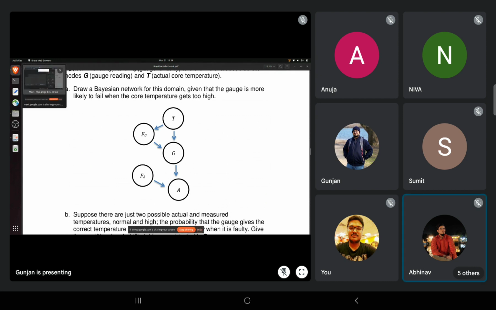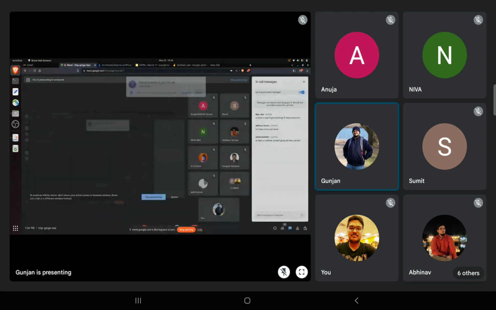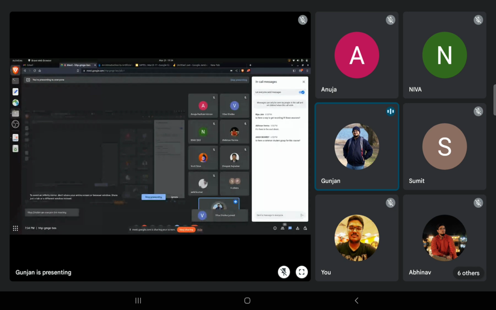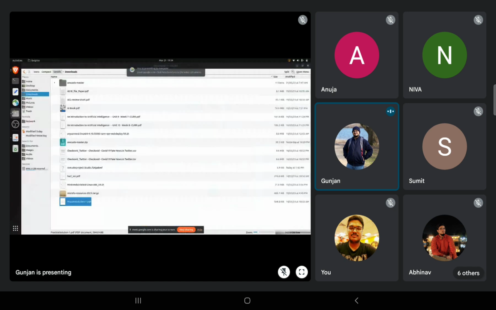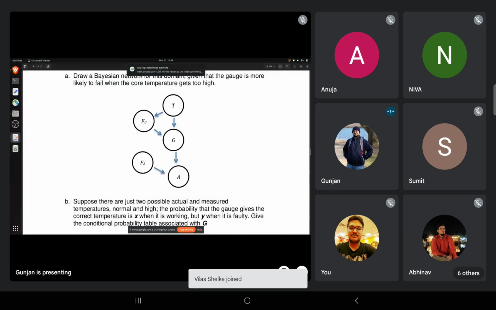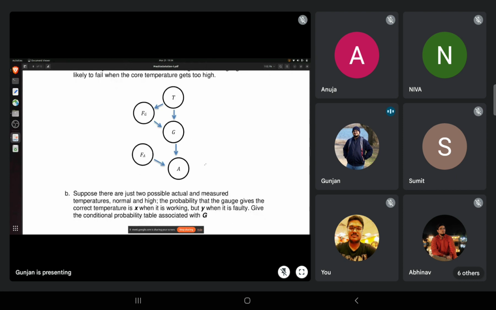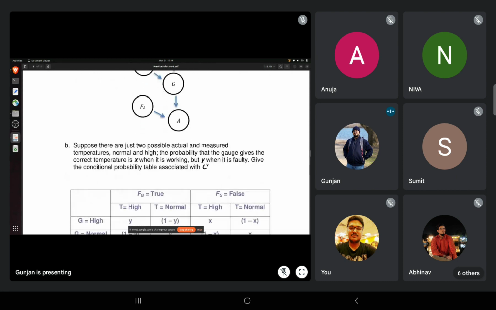So this dependency is clear, right? You have to understand that if the alarm is functioning correctly, only when the gauge temperature is high will the alarm ring. Otherwise, it will not ring.